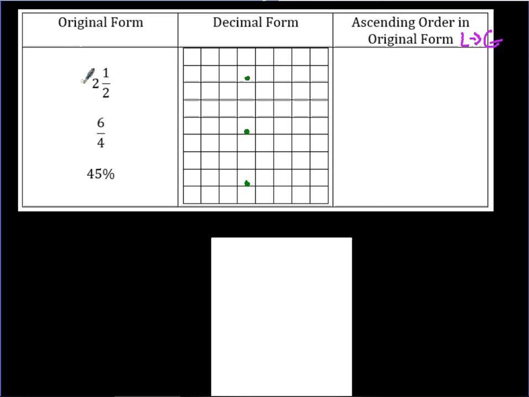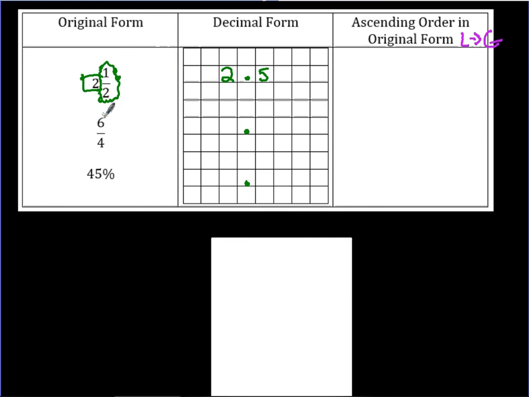I have my whole number, and then I have my part on the side. Make sure you're writing the whole number first, so this is going to be 2, and then the part, which I just changed to a decimal. So 1/2 as a decimal is 0.5.